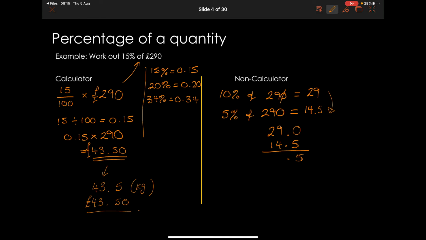So 29 needs to go above the 14. If it helps, put 0.0 on the end of the whole number. 9 plus 4 is 13. And 2 plus 1 is 3, plus this one here is 4. So we get the same answer, 43.5, or in this case, £43.50. Okay, all right, one more then.